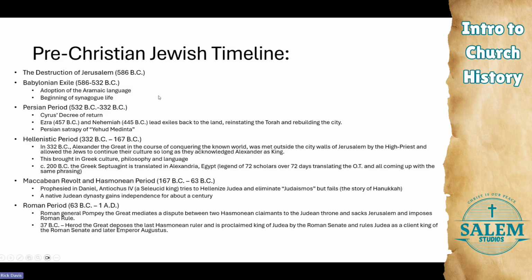During this time, they adopt the Aramaic language, as I mentioned earlier. They begin using the Aramaic script to write their language, including the Jewish Old Testament. And during this time period, you have the beginnings of synagogue life. With the temple gone and the people out of the land, they begin to develop a new locus of religious life in the synagogue.